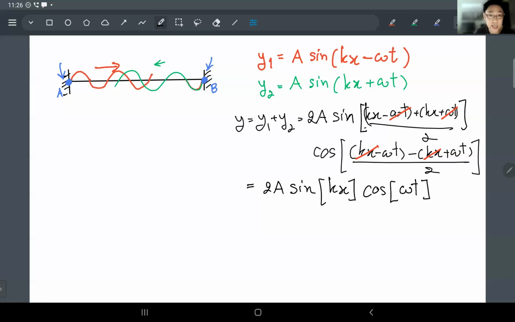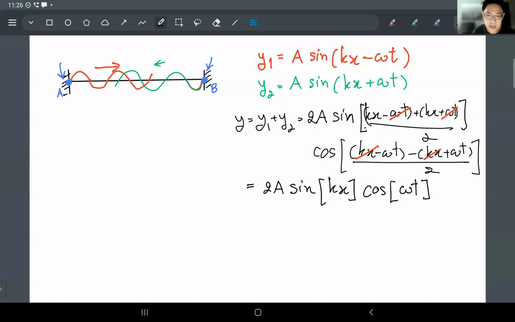What do you see here? This is going to be a weird one. I just apply the superposition principle. Whenever I see y1 and y2, I just add them and use a little bit of trigonometry identity. That's fine.